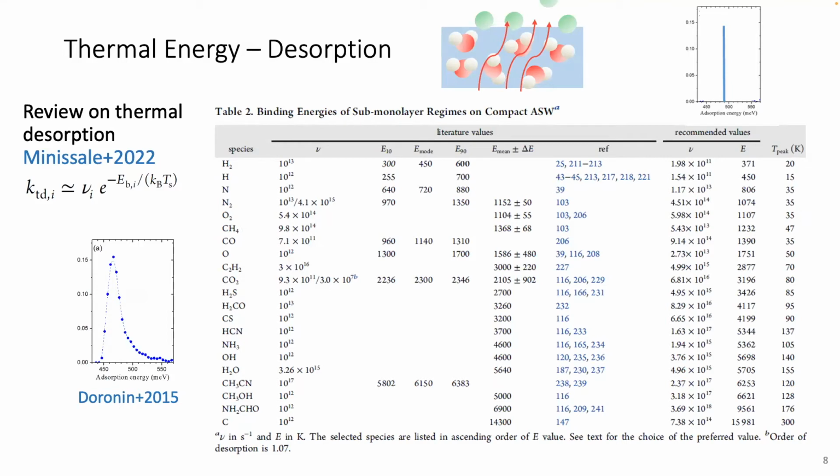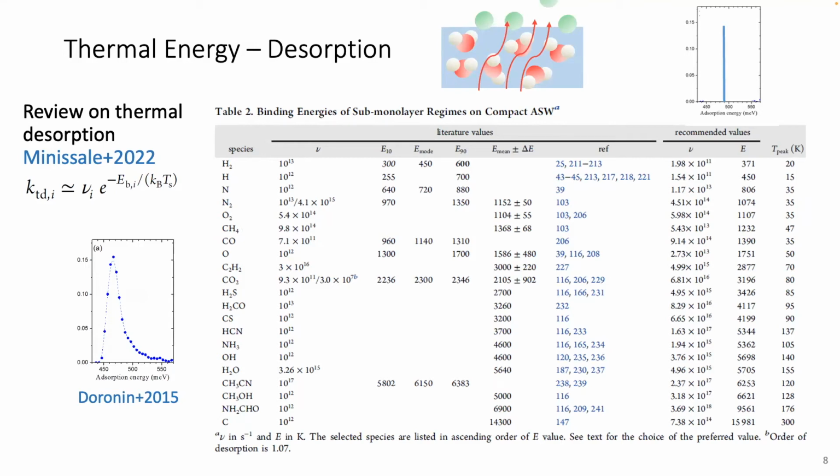In this review, there is a list of recommended values that are used to describe the thermal desorption, which is just an Arrhenius law. They recommend the value of the prefactor and the value of the binding energy, to describe the thermal desorption process. And they try to give values as precise as possible.